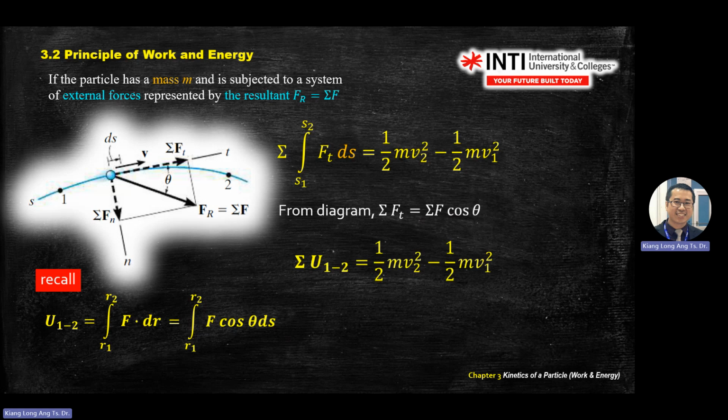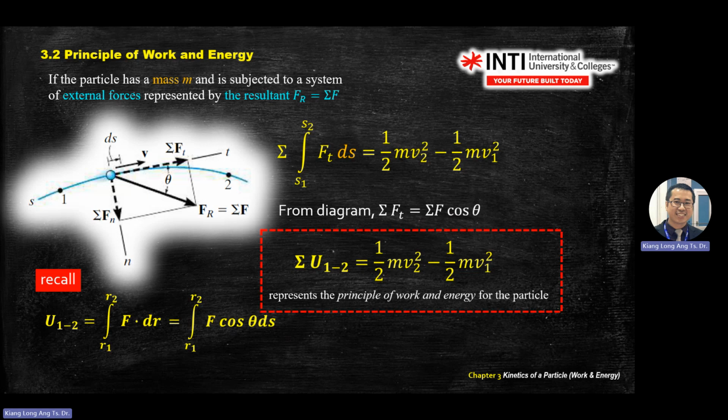This is the equation that you need to write, but normally you write the first equation: the integration of Ft ds equal to half mv squared minus half mv squared, with the first v being the second minus v1. What do you think half mv squared is? Kinetic energy. So it means this is the change of kinetic energy.